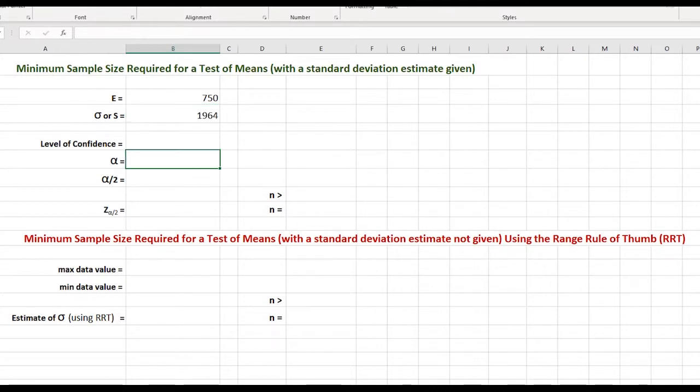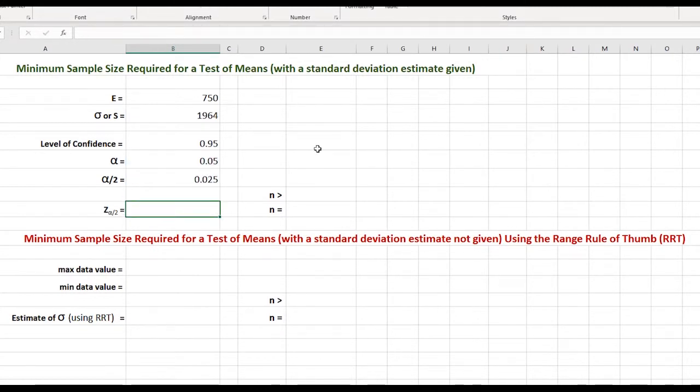Level of confidence was not given in the problem, so we default to 0.95. Alpha equals 1 minus my level of confidence. Alpha over 2 we actually need. We just say equals whatever we got for alpha divided by 2.